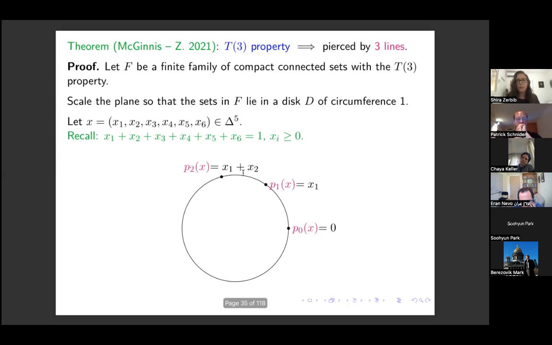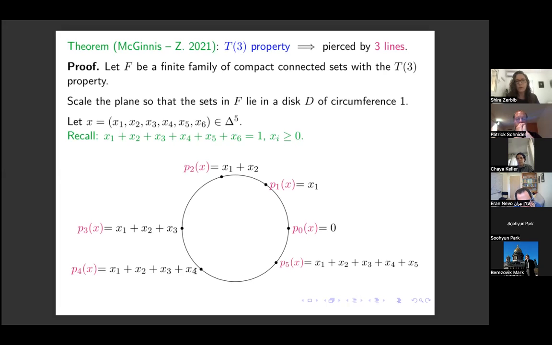P2 is the point of arc length X2 from P1, and so on. P3 is the point with arc length X3 from P2, and P4 is the point with arc length X4 from P3. And then we have P5, which has arc length X5 from P4.